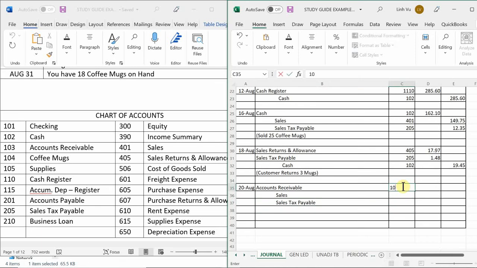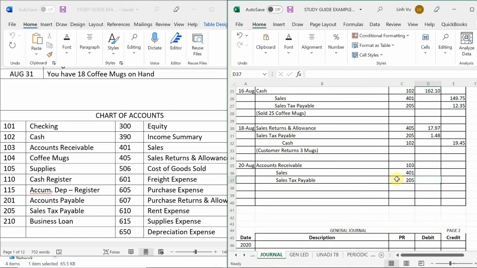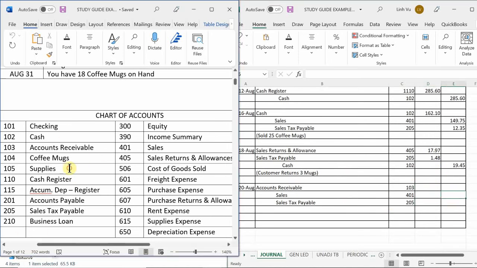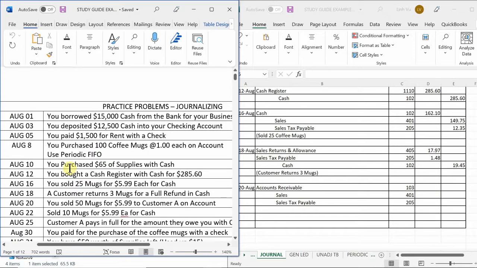Accounts receivable is account 103, sales is 401, sales tax is 205. Okay. So in this case, I sold 50 mugs at $5.99.